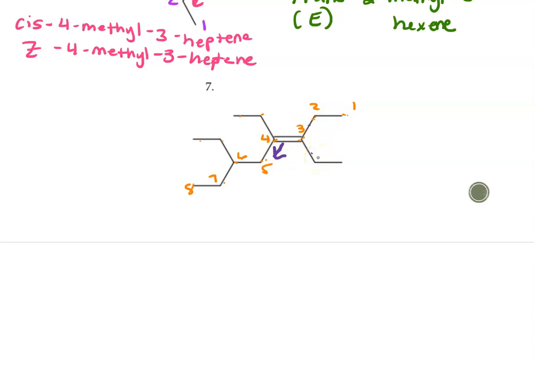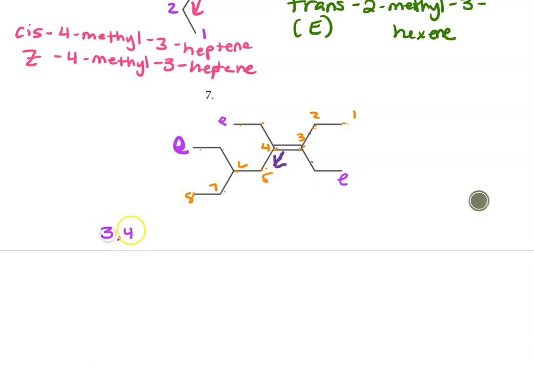So we don't have cis-trans isomerization for this particular compound. So we would just draw this as we normally do. This is an ethyl group, this is an ethyl group, and this is an ethyl group as well. So this is going to be 3,4,6-triethyl, and then 3, and 8 is octene.